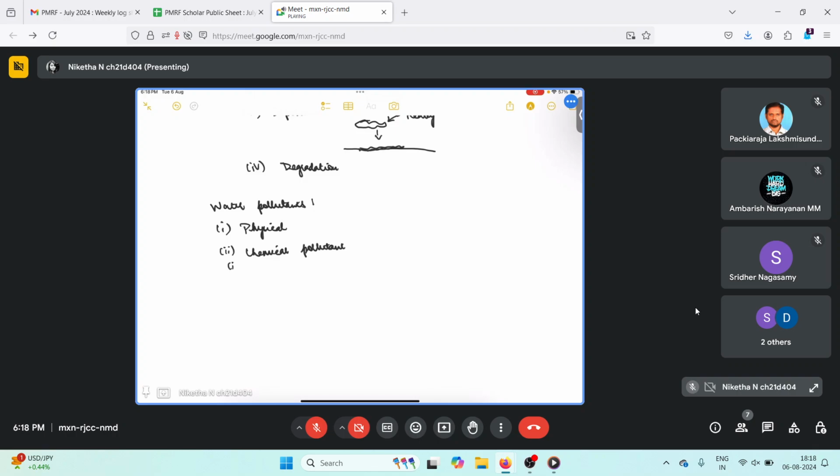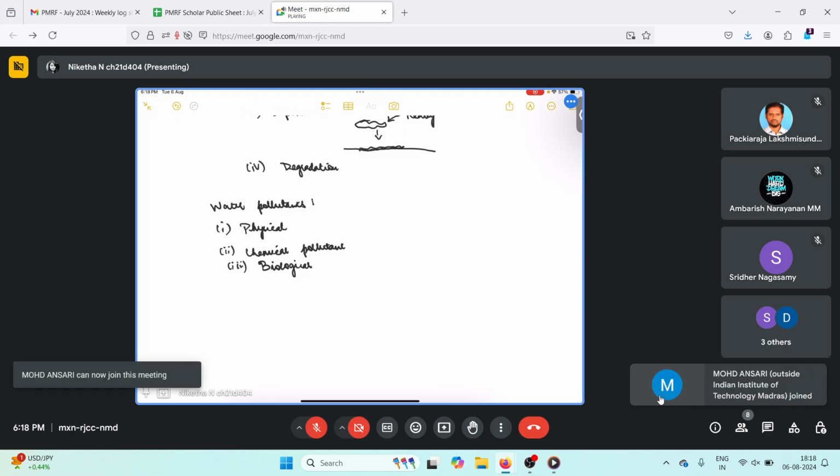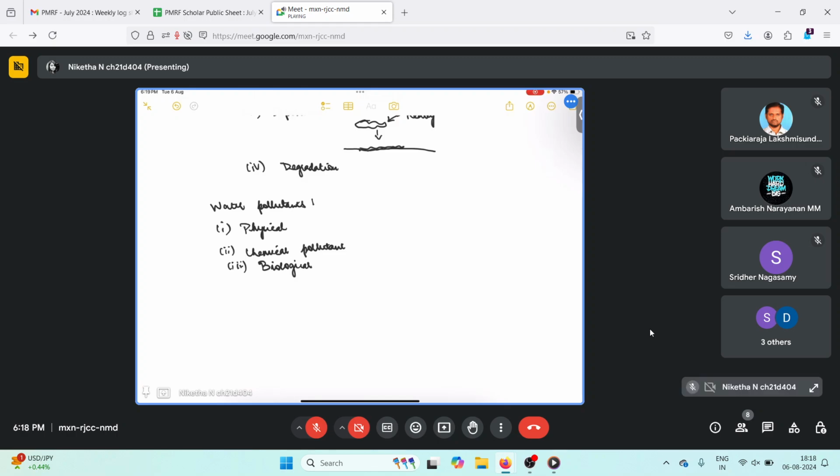The third one can be biological. Can you give me an example for each of these types? If you're not able to unmute, you can even send me the answer on the chat box.